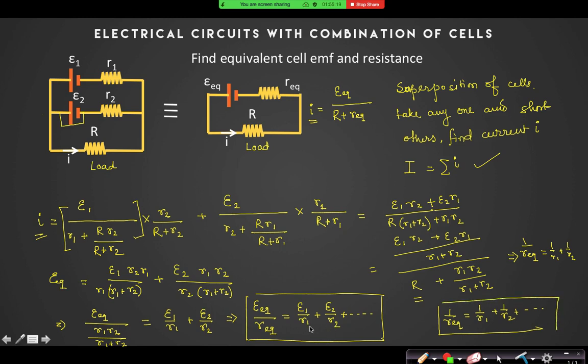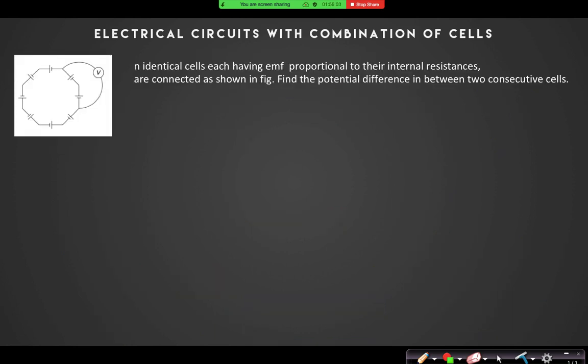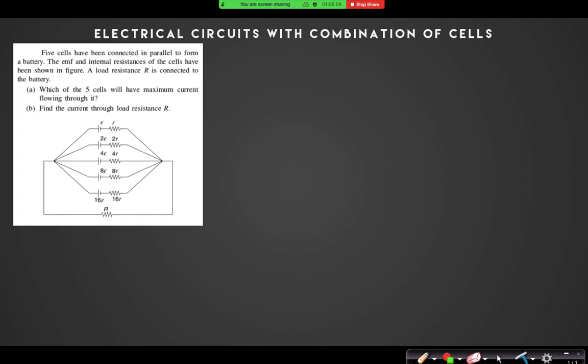So this is the combination of cell formula. If you remember this combination cell formula, then in several places you will see that your questions will be simplified. These two questions are based on the cell combination thing, right? I will upload these two questions also in your PDF. So try to solve those at your home.